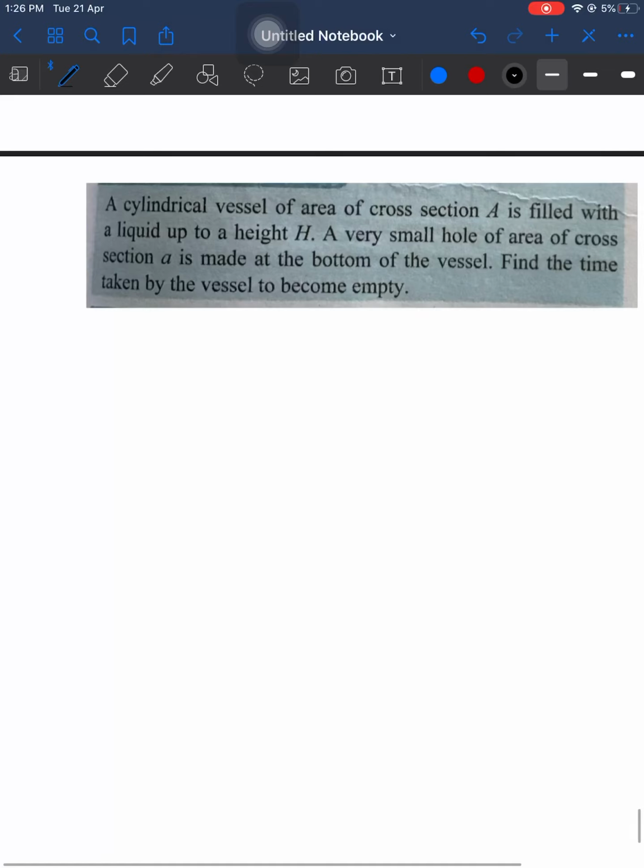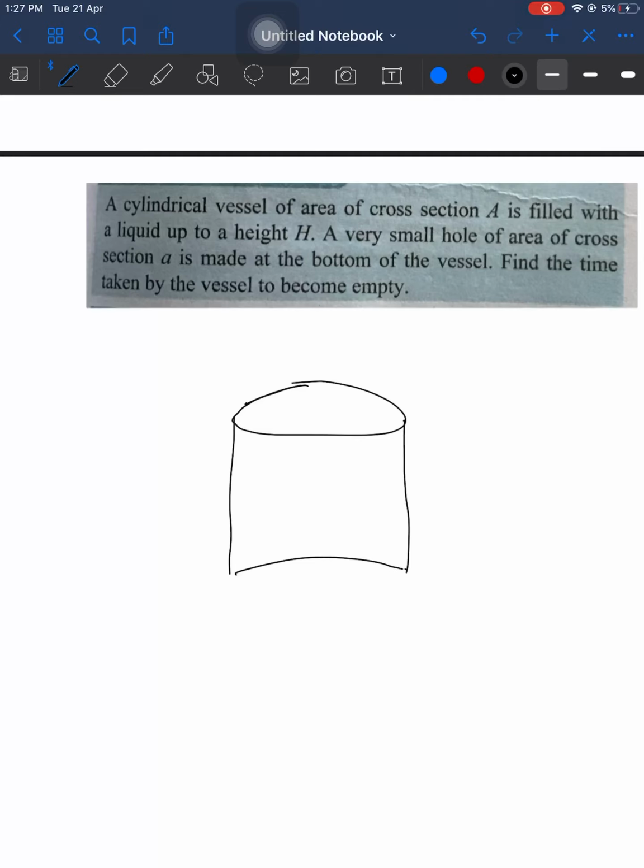A cylindrical vessel of area of cross section A is filled up to height h.